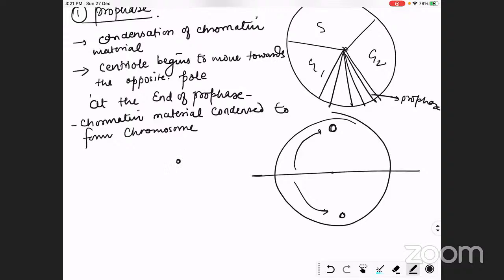Now chromosomes contain sister chromatids like this. They are known as the chromatids. Okay, chromatids.